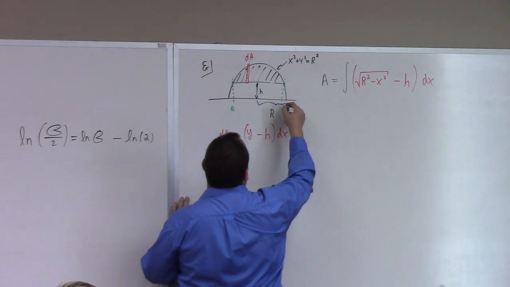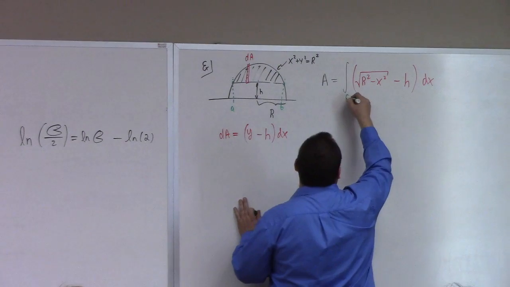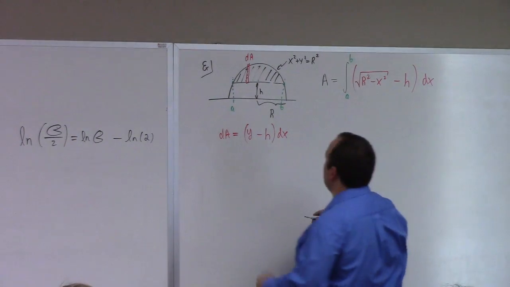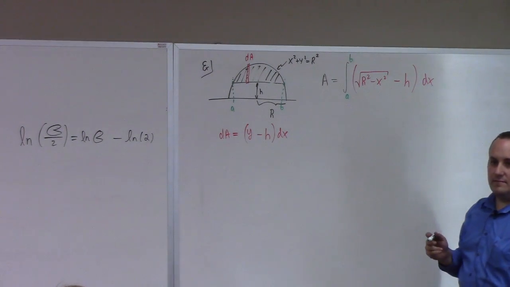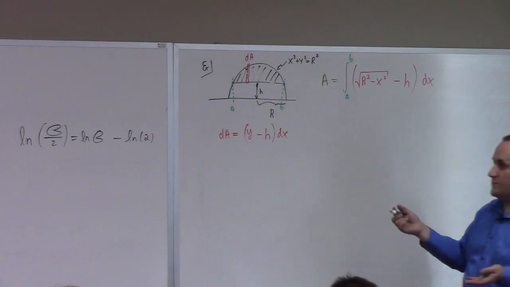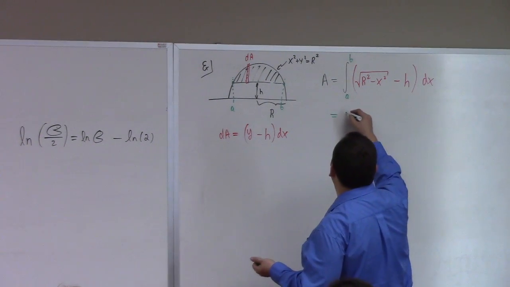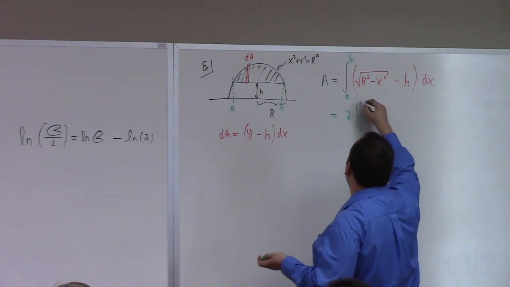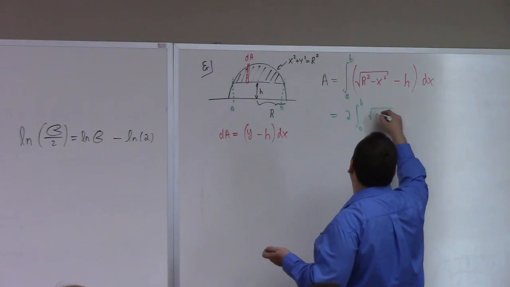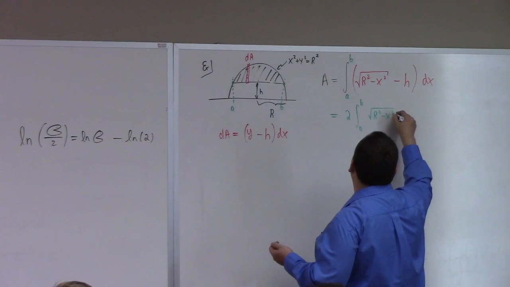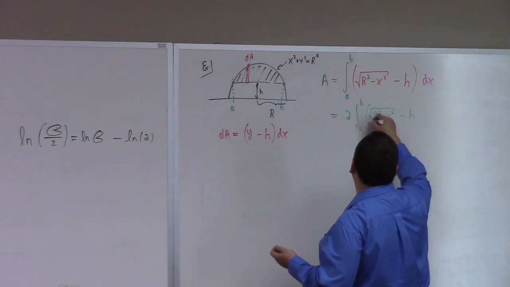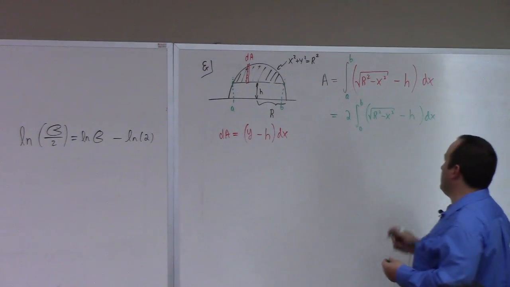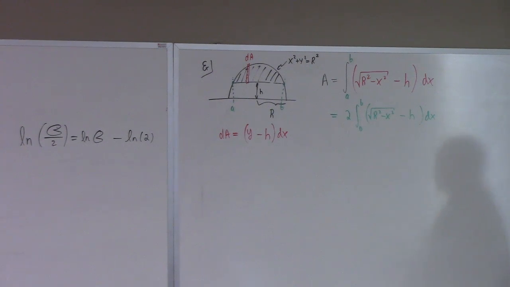Let's call this thing A, let's call this thing B, for lack of imagination. Integration from A to B, right? There's a symmetry here we can exploit, right? So why don't we trade this for 2 times the integral from, say, 0 to b of the square root of r squared minus x squared, minus h, dx? Surely we can do that. And while we're at it, why don't we do that integral of h and get it over with?